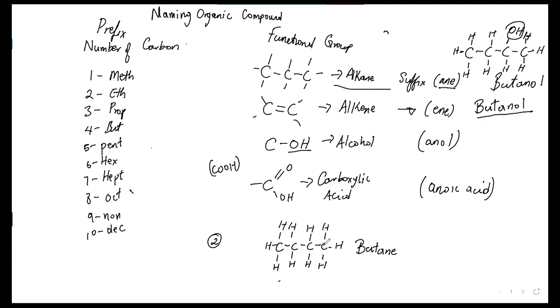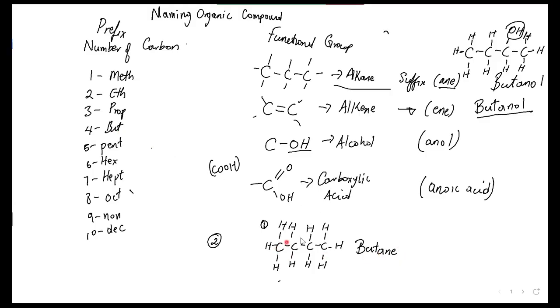So right down here, let me highlight so you can see, we have something that has 1, 2, 3, 4 carbon atoms. Because there are 4 carbon atoms, the prefix is but. So that's why I see but right here.